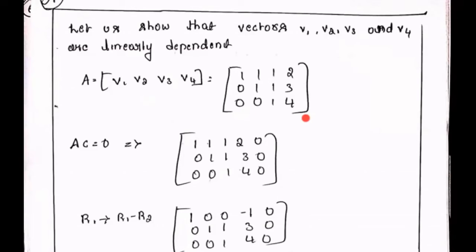Since I wanted to find out whether it is independent or not, you have to represent it in the format Ax equal to 0, so the right-hand constant should be 0. I have considered that constant here.